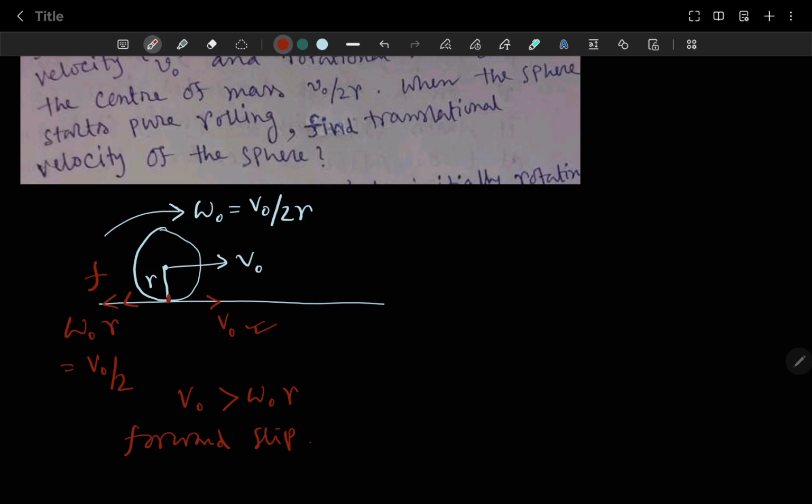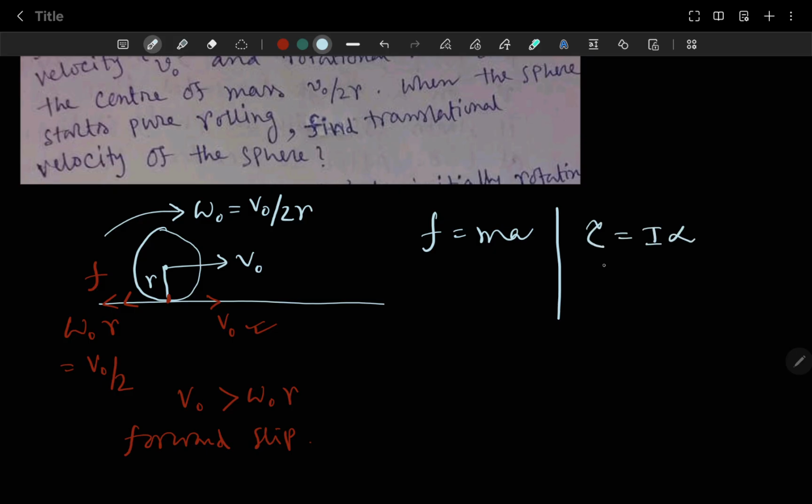Okay, so now let us write the equations. For forward slip, first let us write the equation of motion. So F equals ma. This is the equation of motion for translation of center of mass, and for rotation about center of mass it will be tau equals I alpha.